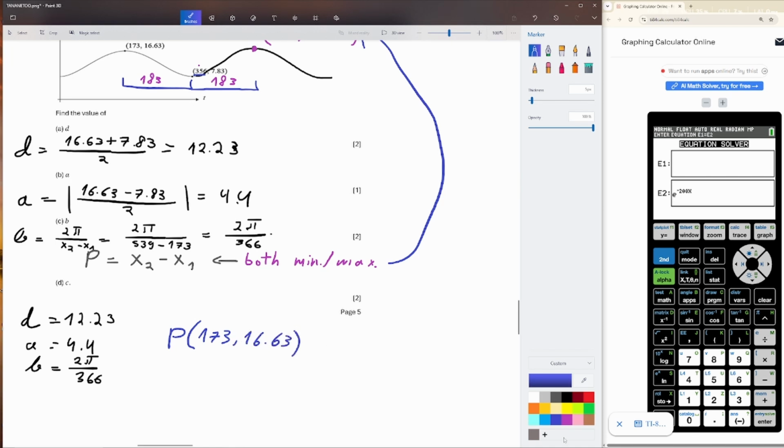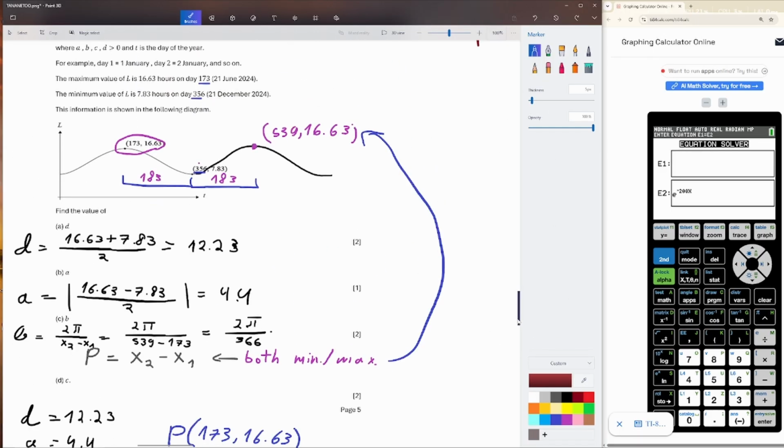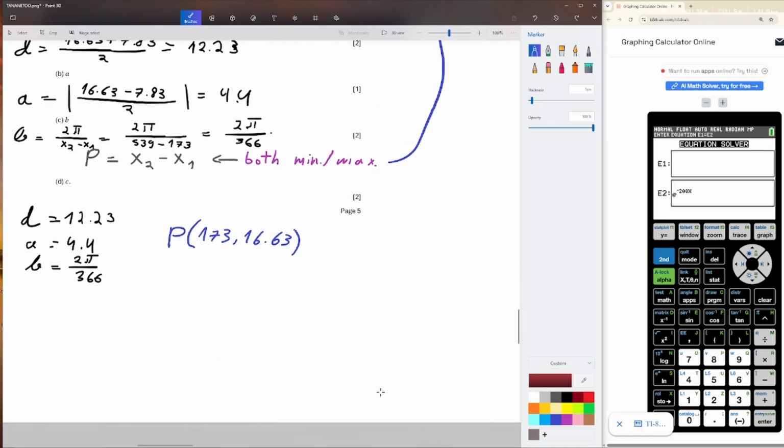You're wondering why I called it P. I just put a random number. However, you take your coordinate, and then it's the same one in your graph, this one, and then you just replace your function, and then you see that L is obviously your y value.